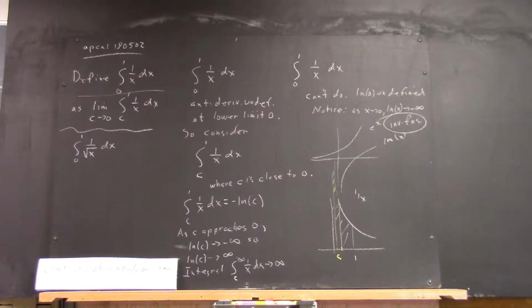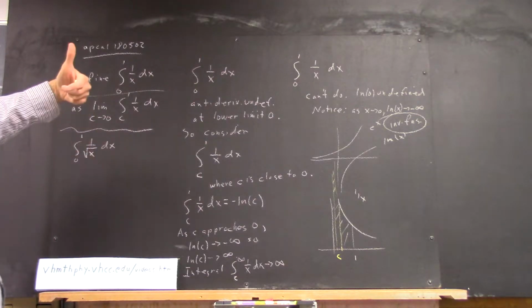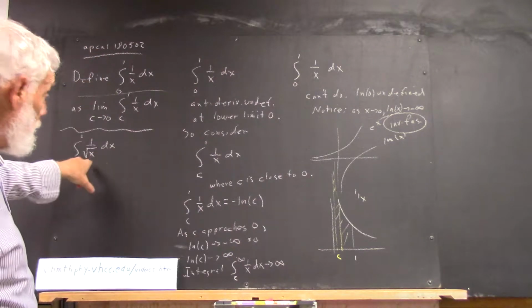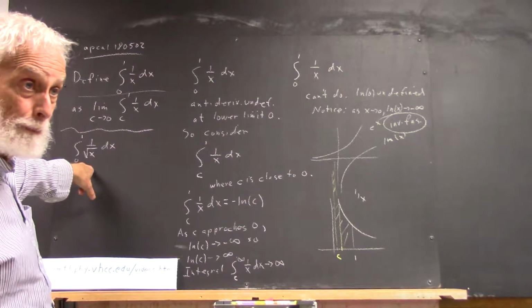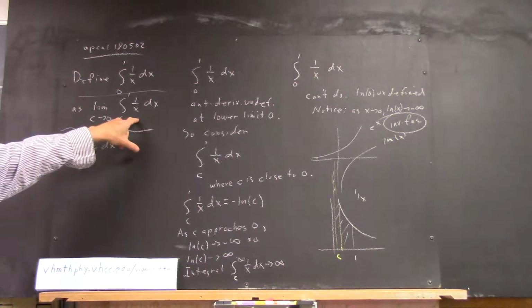Okay, what about the integral from 0 to 1 of 1 over the square root of x dx? Well, if x is close to 0, 1 over the square root of x is a big number, right? Because you're dividing by a number that's approaching 0. Now, square root of x doesn't approach 0 as fast as x does.